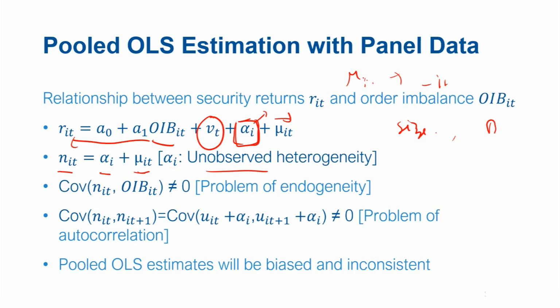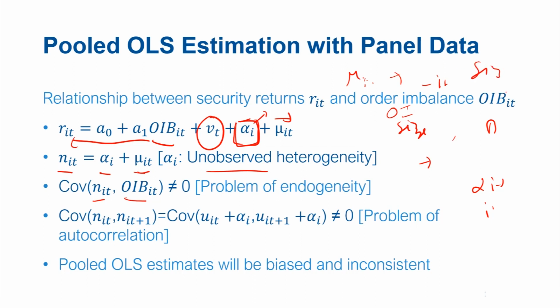Usually, if you recall regression modeling, this would be modeled through some kind of assumption about distribution, like normal distribution. Now the problem is this new error term, eta it, carries alpha i, which is more specifically a property of security i, and therefore with high probability it is correlated with the order imbalance term, because order imbalance also may vary from security to security. For example, size.